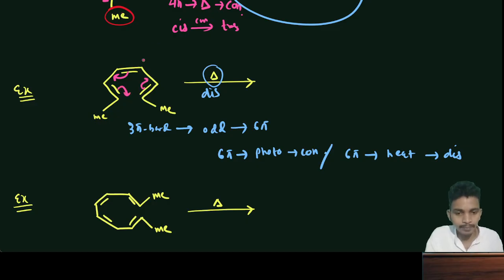For understanding, make positive, negative, positive and negative. Now positive-negative make bonds, so this will make a bond because this is breaking, and this is going to make a bond, a new sigma bond is formed, and here again a new bond is formed. So if I draw it, how is it going to look? How many bonds are formed? 1, 2, 3, 4, 5, 6. So that is going to form this ring.